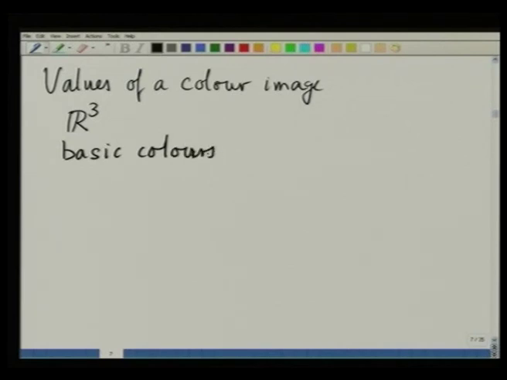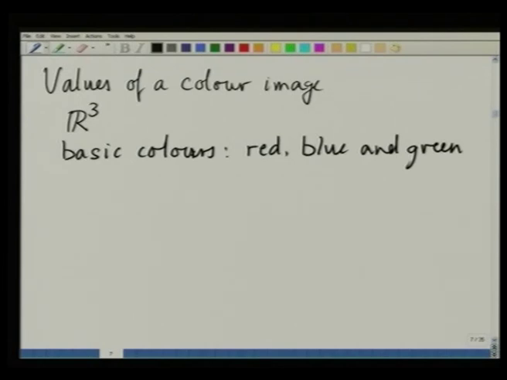Very frequently we use basic colors as red, blue and green, and these are chosen as the basic colors. So, any color that you can see with your eyes would be represented by a certain combination, a certain proportion of red, blue and green.